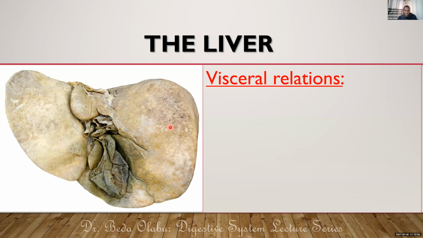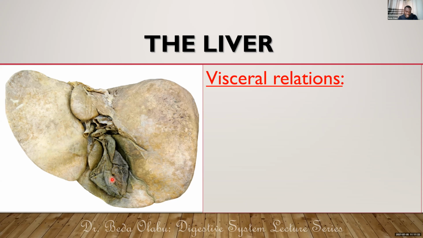Below the impression of the right kidney, we have the impression of the colon. So the point I'm showing you right now is where we have the hepatic flexure of the colon. And then around here, this is where we have the transverse colon. Don't confuse the impression of the transverse colon with the impression of the pylorus.